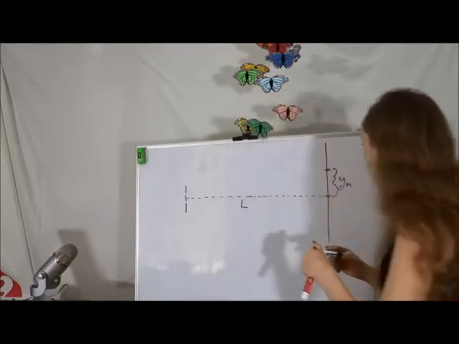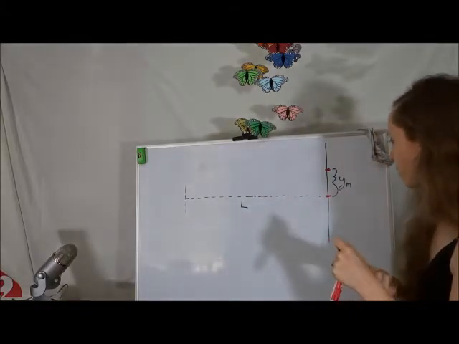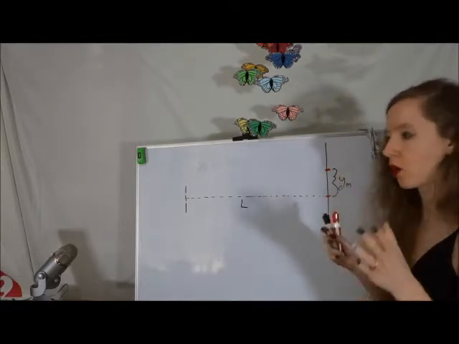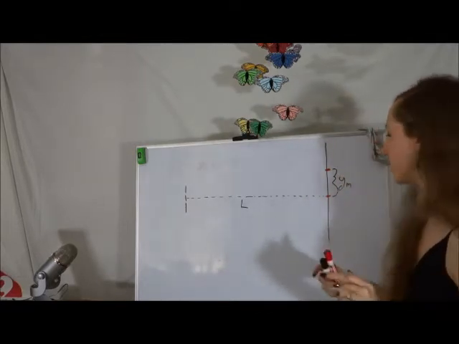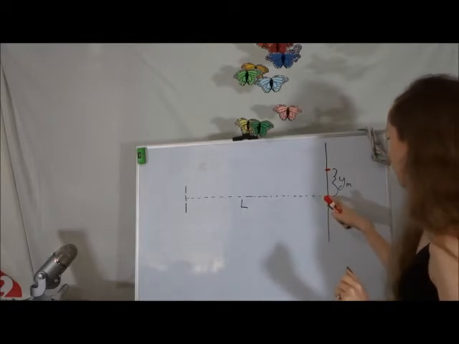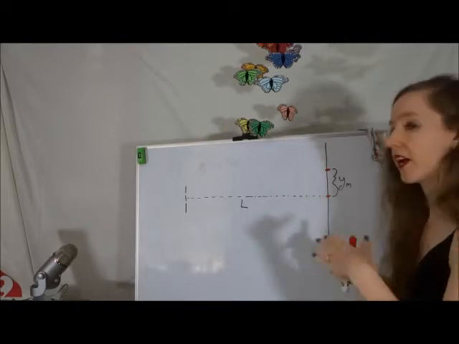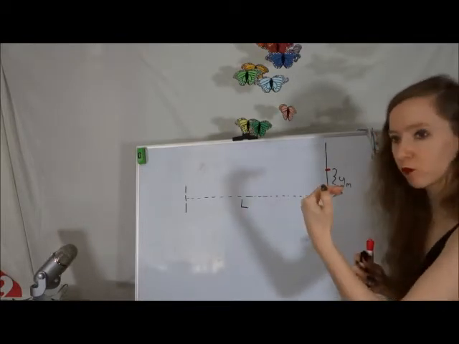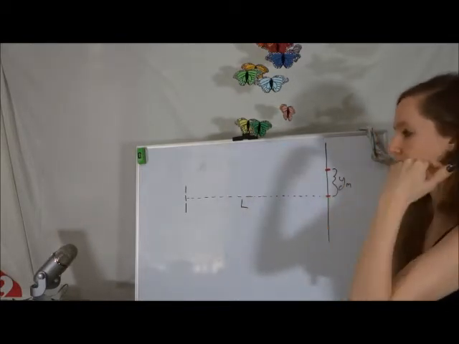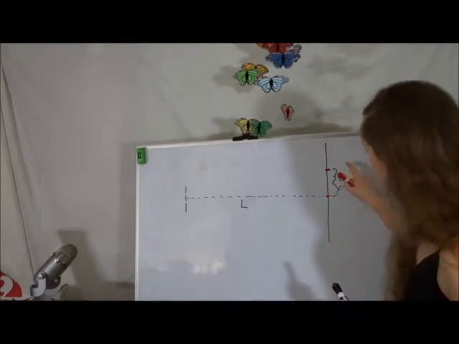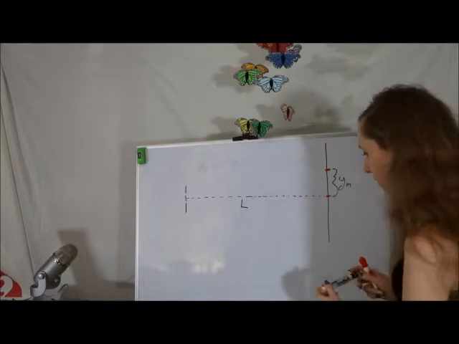We want to know how high this next bright fringe is going to be, or whichever bright fringe it is. And this sub m we're just using to denote that there are multiple bright fringes. So we call the central maximum, the brightest bright spot, m equals 0. Then the next bright fringe would be m equals 1, the next one after that would be m equals 2, and so on and so forth. So you want to find out the location of this one.